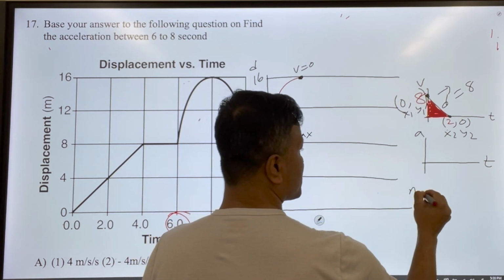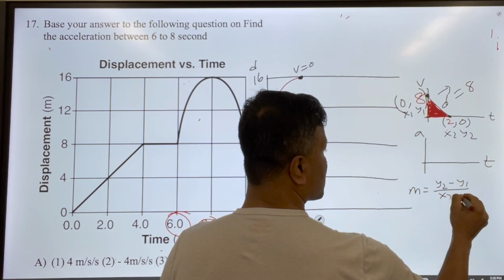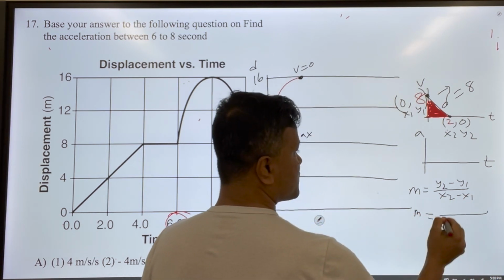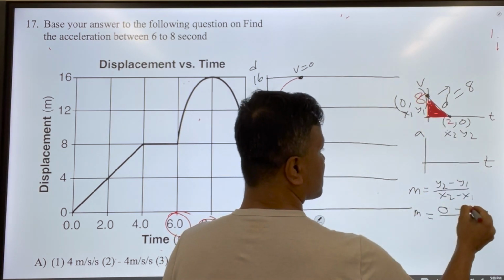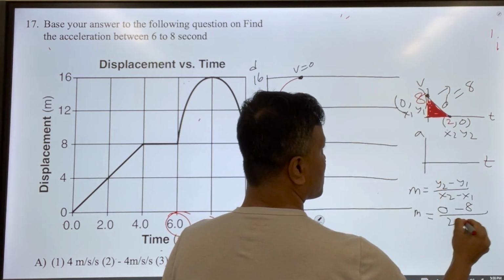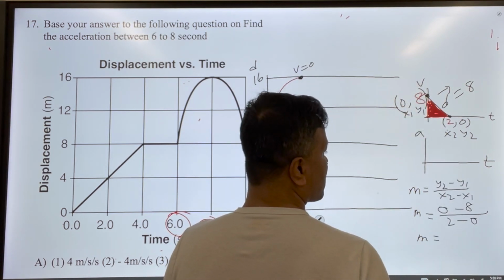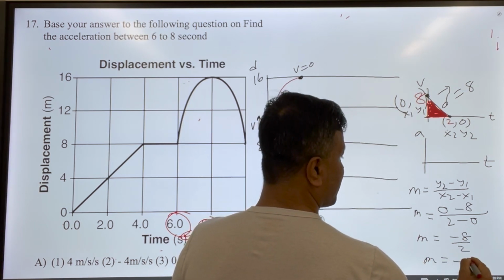So slope is y2 minus y1 over x2 minus x1, right? y2 is 0, minus y1 is 8, x2 is 2, minus x1 is 0. So minus 8 over 2. So m is negative 4.